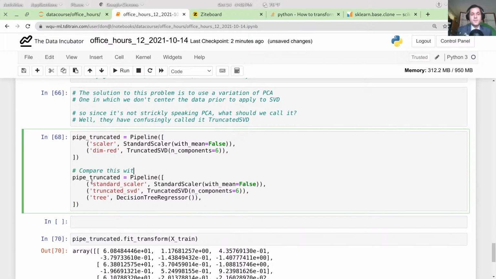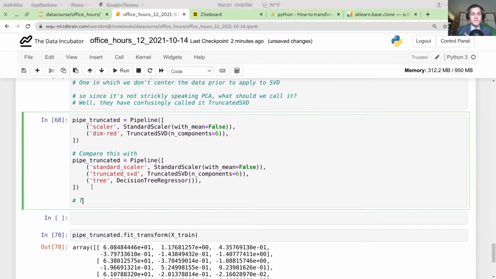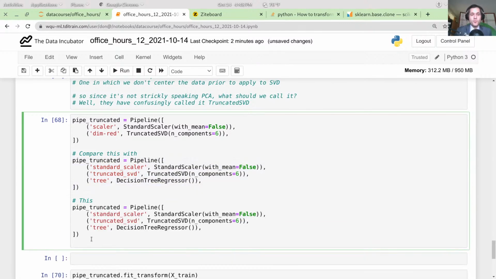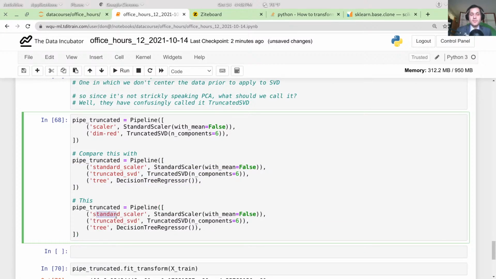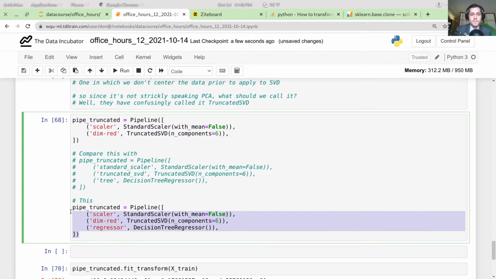Compare this with this, where I said it's the same. Okay, it's a scaler step. What's the scaler? Well, you can look it up, but I'm acknowledging that it can be a different scaler. What type of dimensionality reduction? Well, it's an SVD. Let's not say tree. Let's generically say regressor. I'm just letting you know my style. It's a little different. And since I don't want this to run, I will comment it out, and I will comment this out right here.